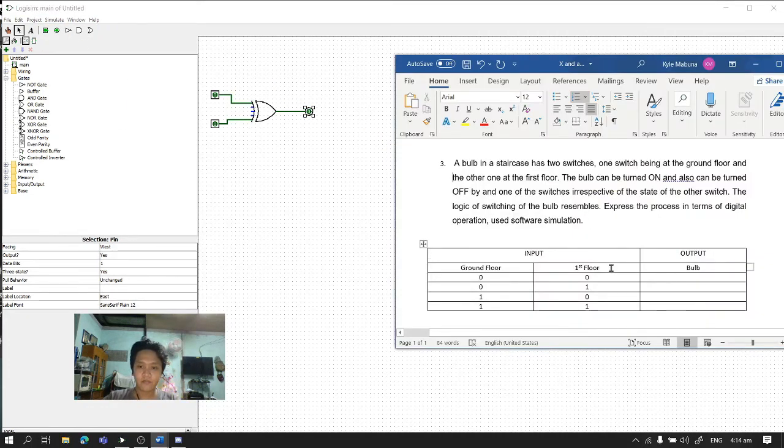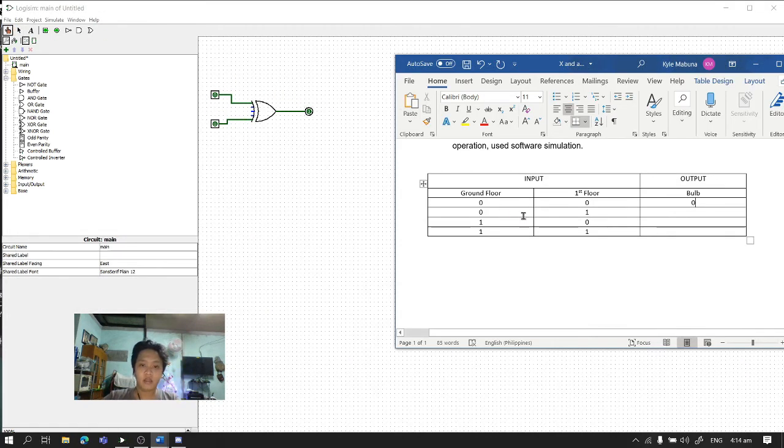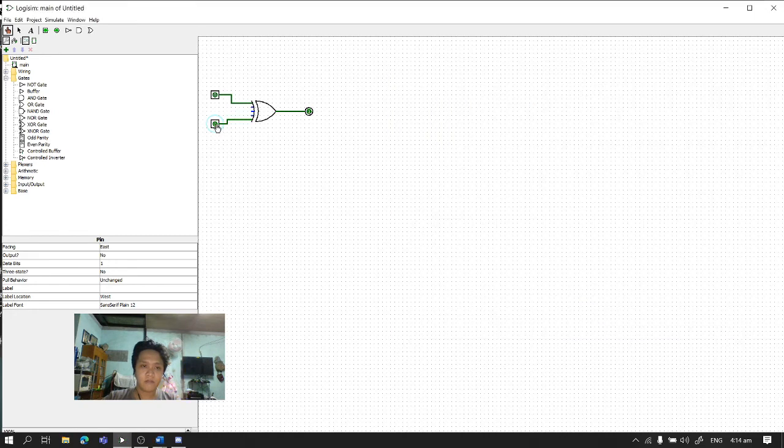For the truth table, if both the ground floor and the first floor switches are off, then the bulb is 0, also off. If the ground floor is off and the first floor is open, then the bulb will open, giving an output of 1.